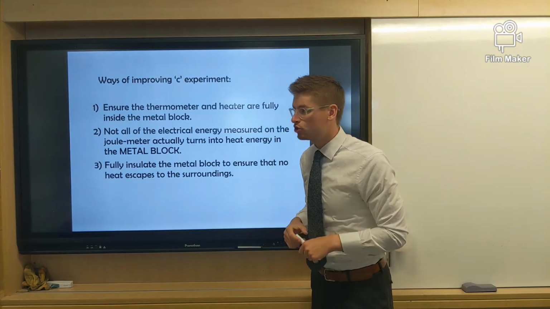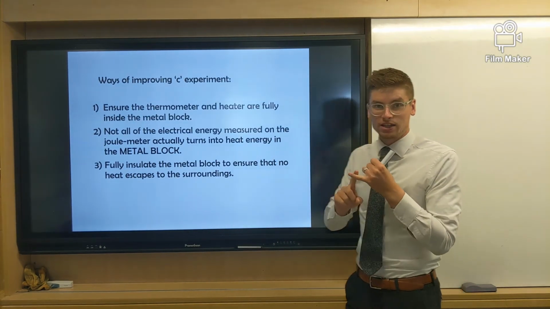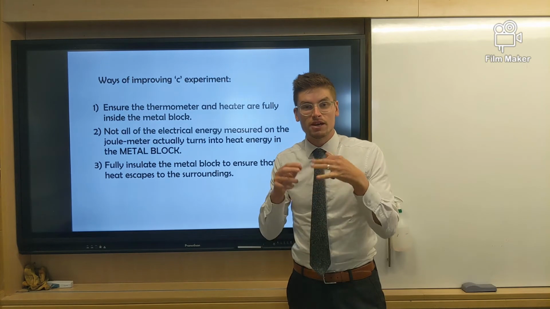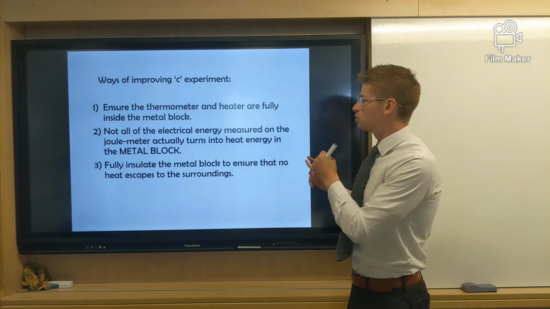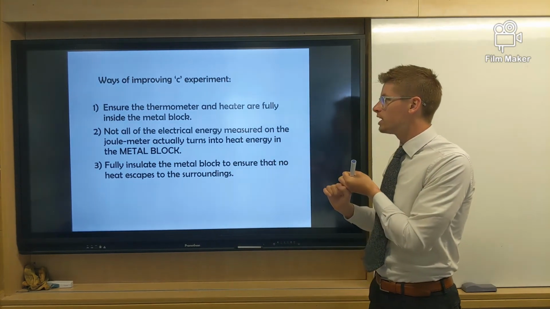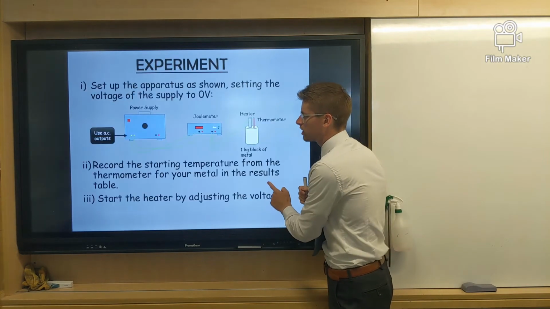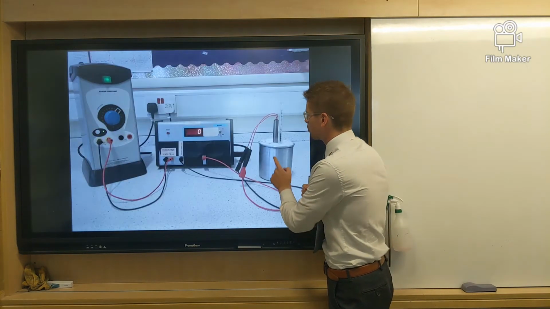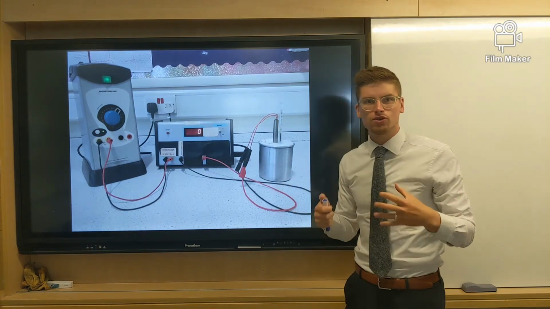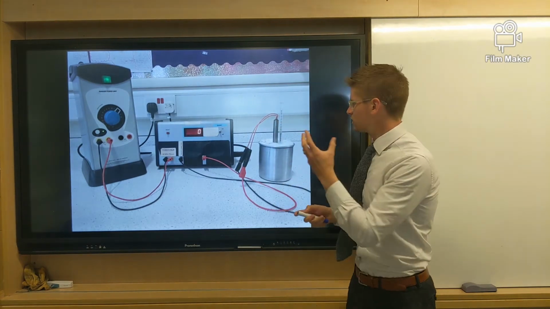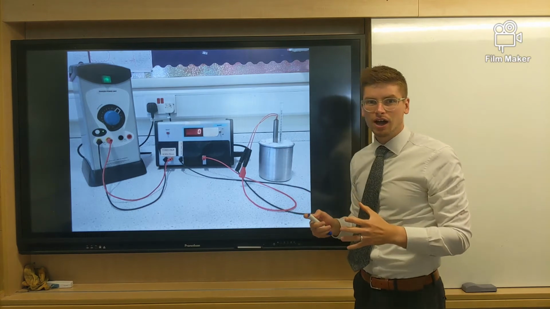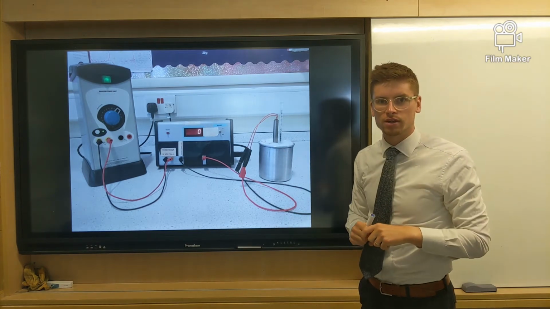The 3 things I want you to know, okay, and I might actually come back to that, but the 3 things I want you to know is to improve this experiment, to make it better, and you saw it there, is to ensure the thermometer and heater are fully inside the metal block. Because when we look back at this, okay, let's just very quickly go back, the thermometer and the heater are not fully inside the metal, which means that there's heat escaping and therefore not completely going into the metal.